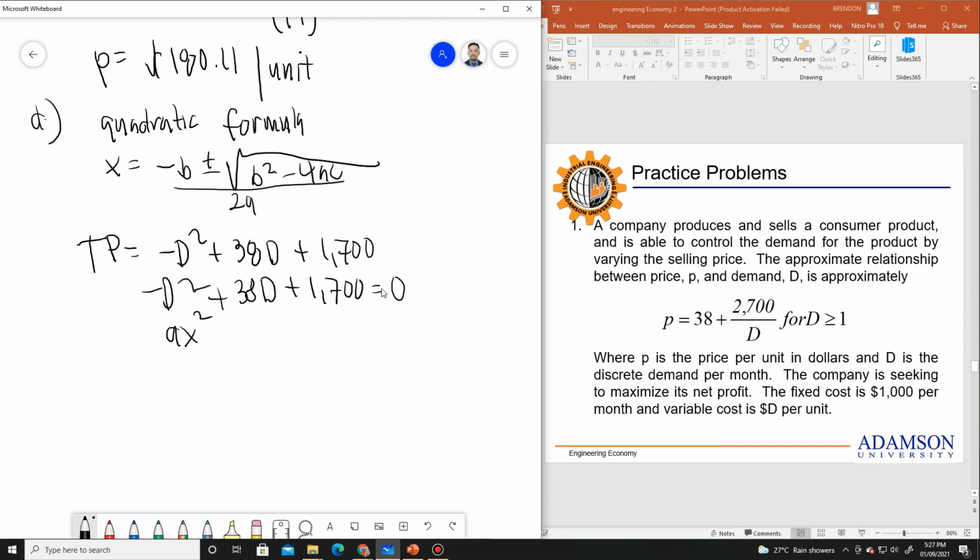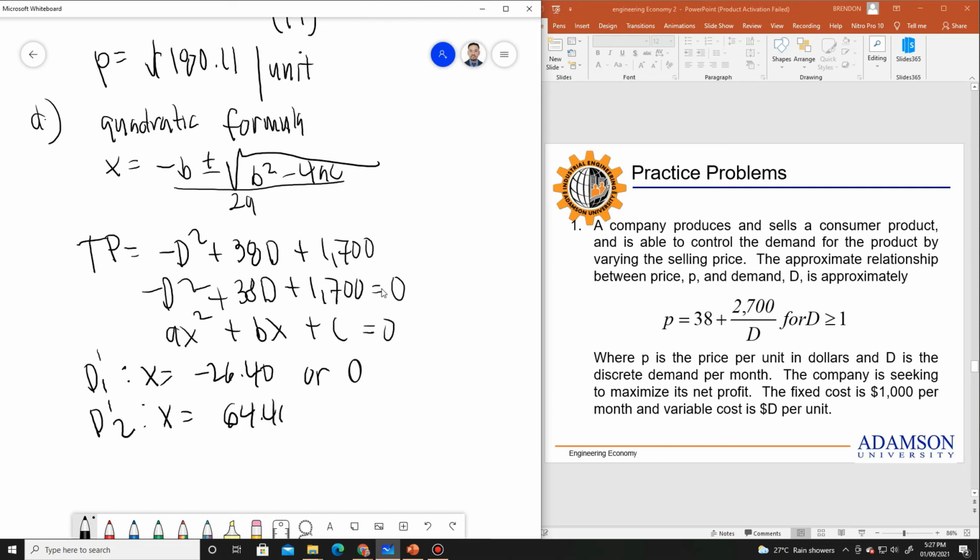The A coefficient is negative 1, 38 is the B coefficient, and C is the 1,700. We will get for D prime sub 1, x equals negative 26.40, or this is 0, and D prime sub 2, x equals 64.4, or 64 in whole number.